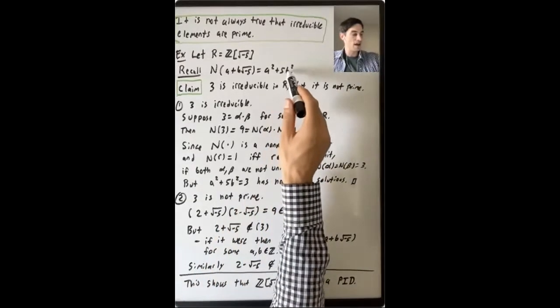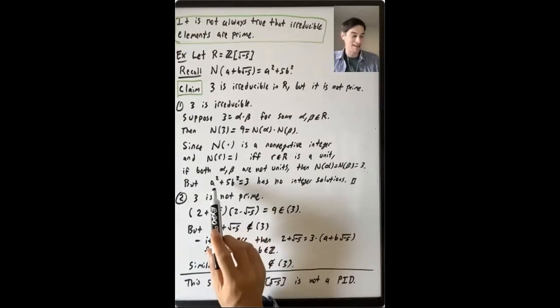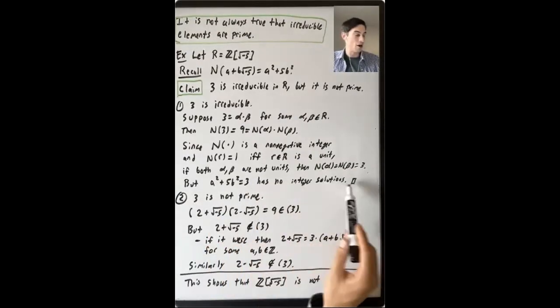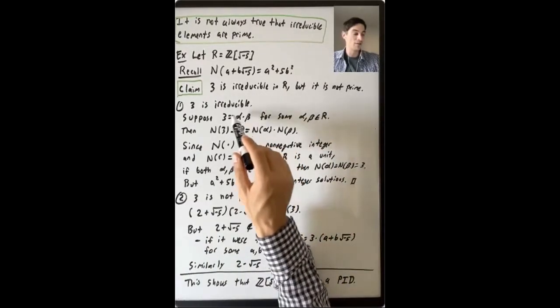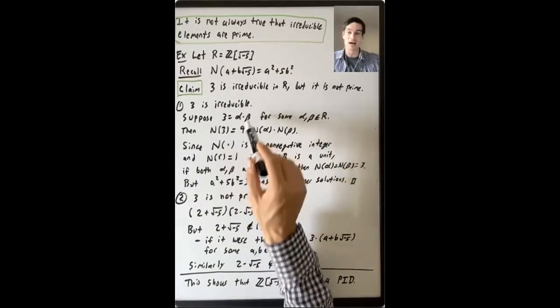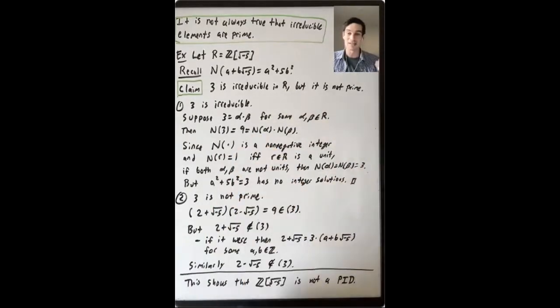A squared plus 5b squared just doesn't take the value 3 when you apply it to integers. A squared plus 5b squared has no integer solutions. So that's it. There's just no possible way to factor 3 into a product of two non-units because there's no way to take a product of two non-units and get something of norm 9.